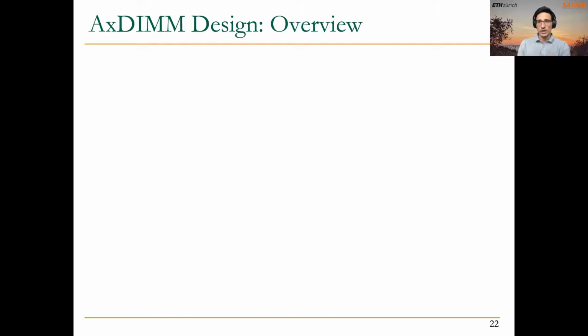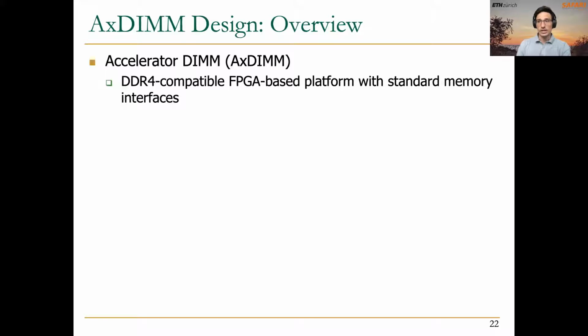AxDIMM, or at least the AxDIMM prototype for recommendation systems, follows a similar design, as we are going to see. But this AxDIMM, this Accelerator DIMM, can also be used for other purposes.